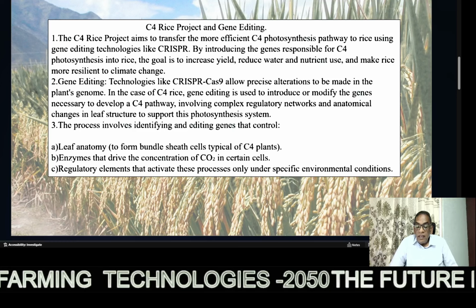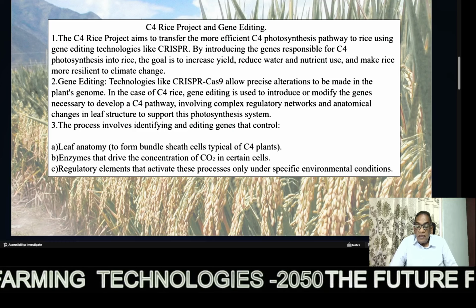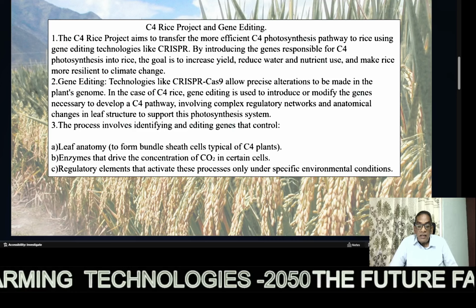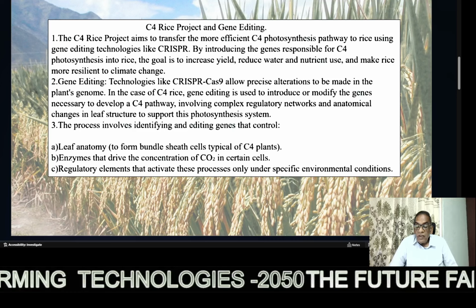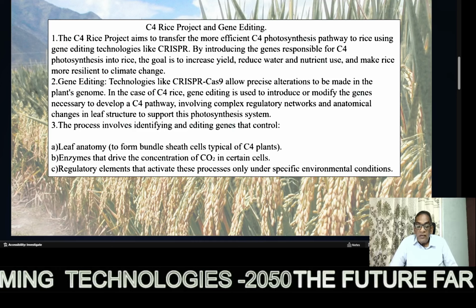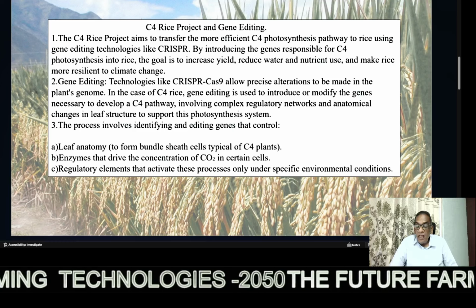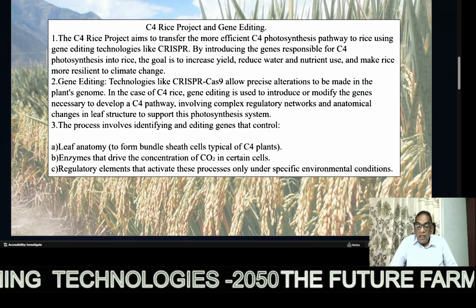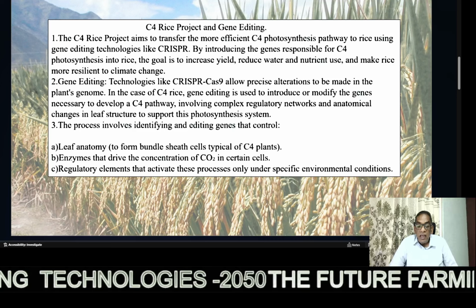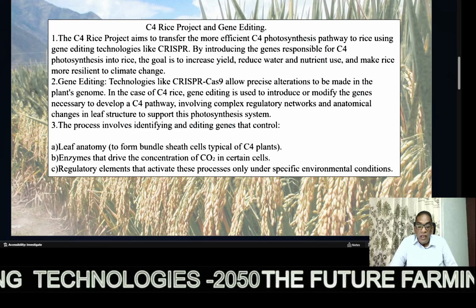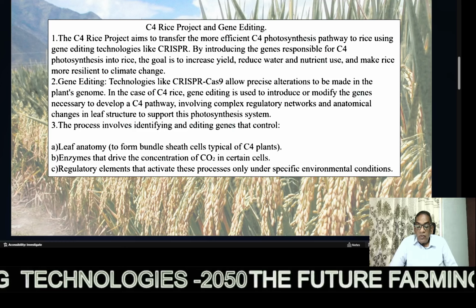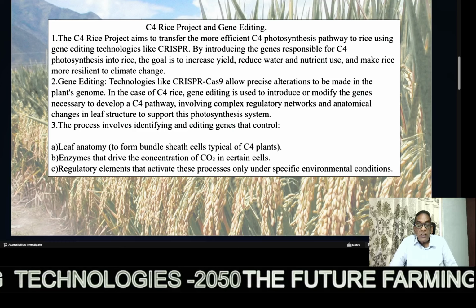Gene editing technologies like CRISPR Cas9 allow precise alterations to be made in the plant's genome. In the case of C4 rice, gene editing is used to introduce or modify the genes necessary to develop a C4 pathway, involving complex regulatory networks and anatomical changes in leaf structure to support the photosynthesis system.